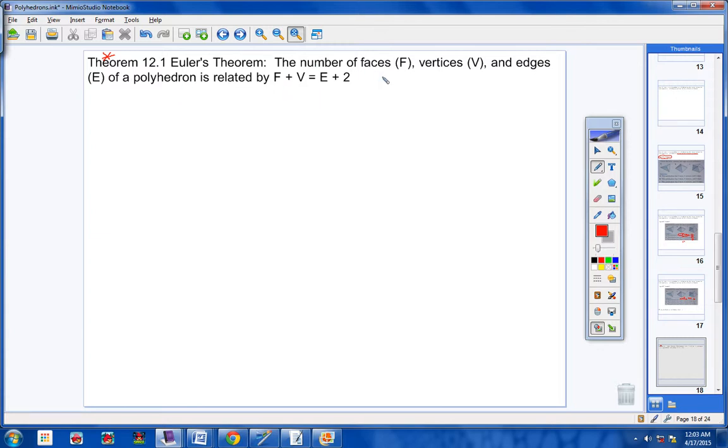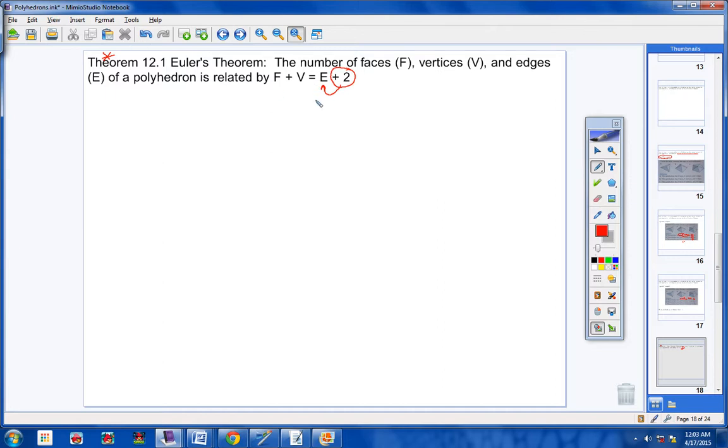The number of faces, vertices, and edges of polyhedrons are related by this right here, and that's what I just taught you. If you take the faces and the vertices and add them together, then the edges will always be 2 less, so you have to add 2 to the edges to make it equal the sum of the faces and vertices, okay? So that's what this formula says.